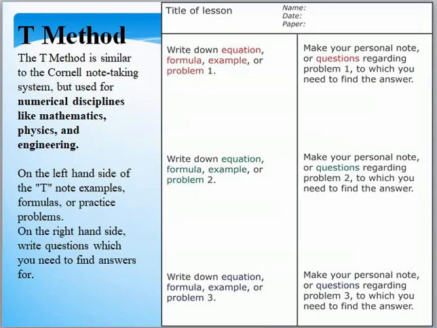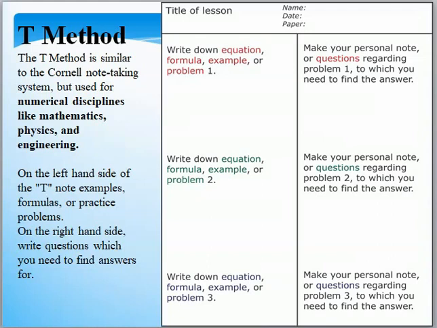There is another method, related to this Cornell method, called the T method, and it is used for numerical disciplines like mathematics, physics, engineering. What they do in it is actually slightly the same, but it is beneficial and important for mathematics, physics and engineering departments.